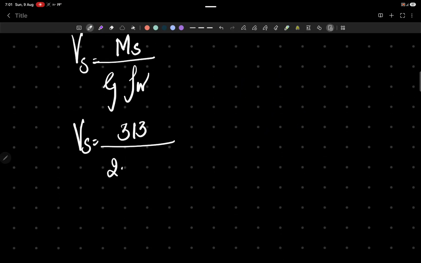Density of water, 1 gram per cc. So according to the calculations, we'll have volume of soil solids as 115.92 cc.